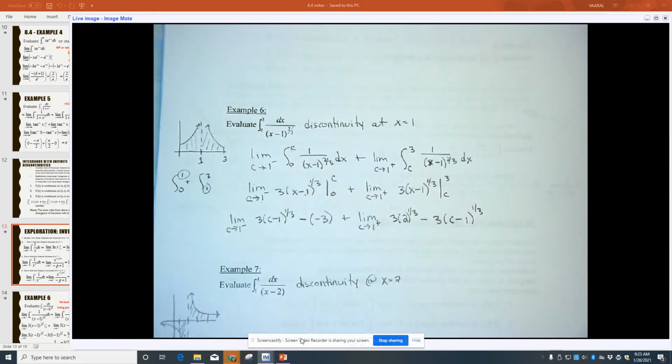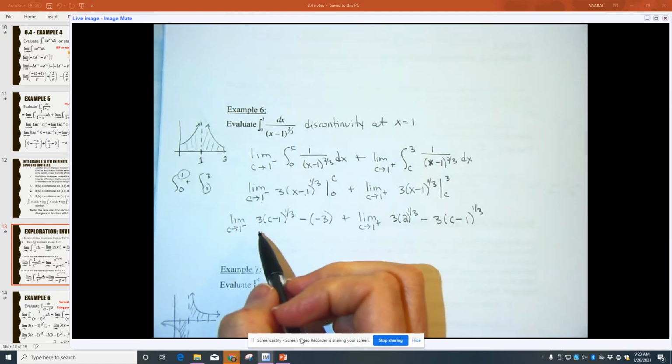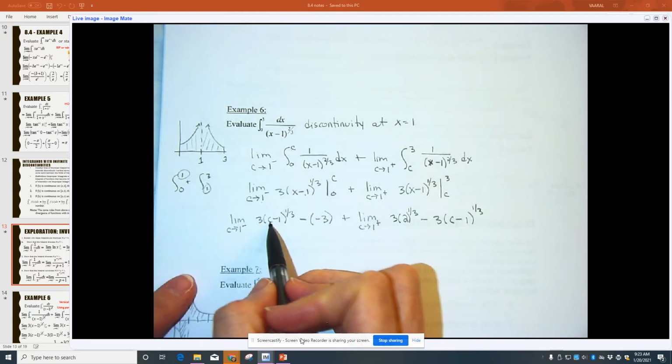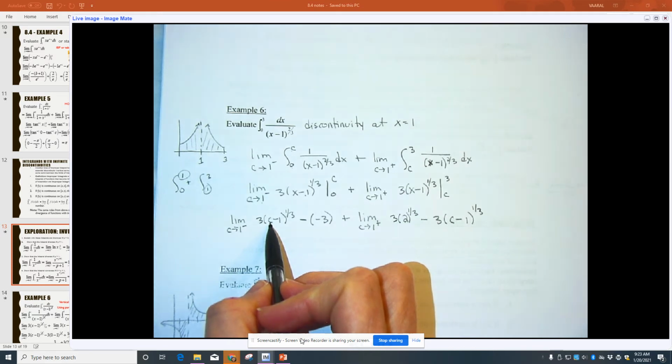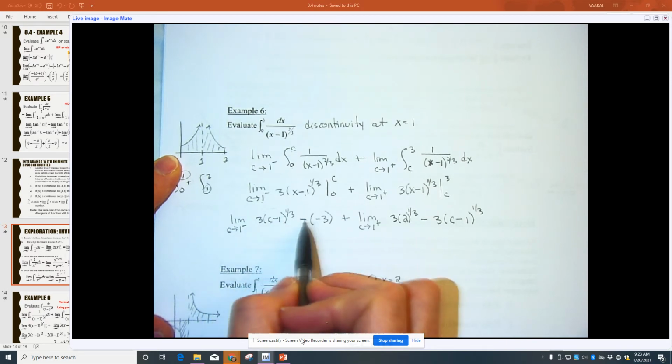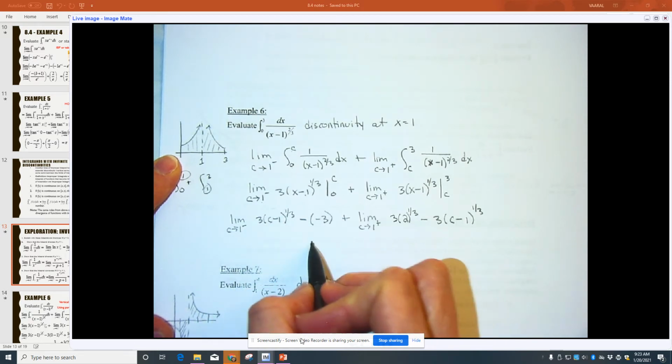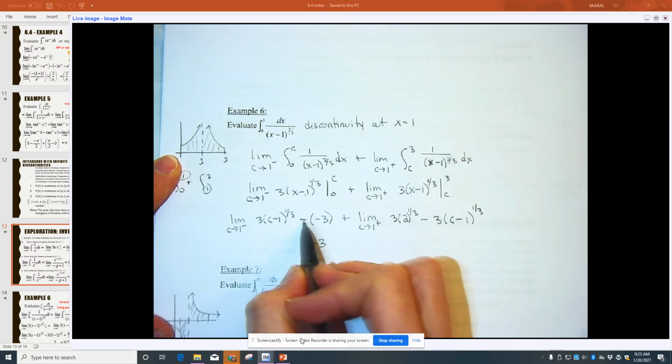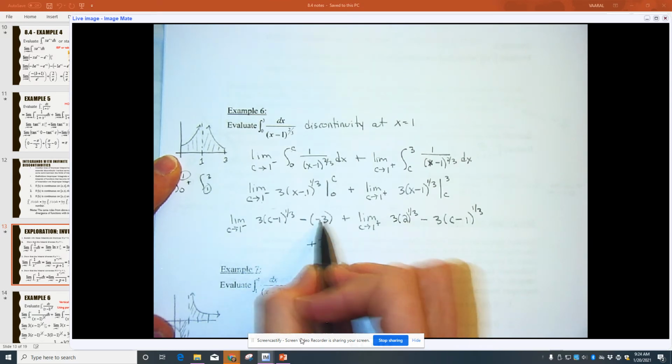Okay, now we can take our limit. So if c is approaching 1 here from the left, so I'm approaching 1, but I'm not going to be equal to 1. So this would still be 0, because if I'm approaching 1, I would have 0 in here. So I'm just going to be left with my 3 here. Negative and a negative makes a positive.